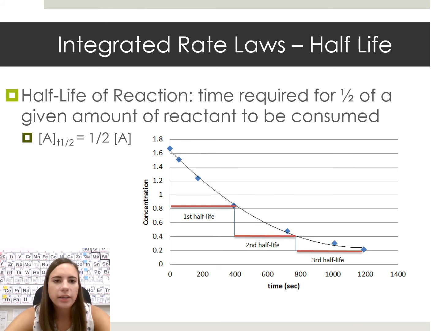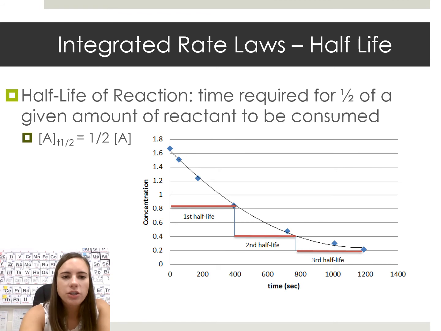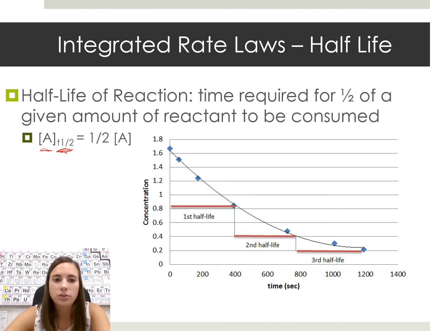And if we're thinking of this in terms of our integrated rate laws, we can change our variables to be the concentration of A after half-life equals 1/2 the concentration, right? Because half-life is how long it takes to get to 1/2.